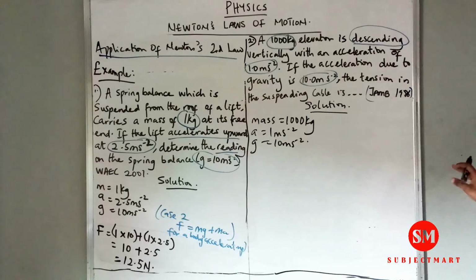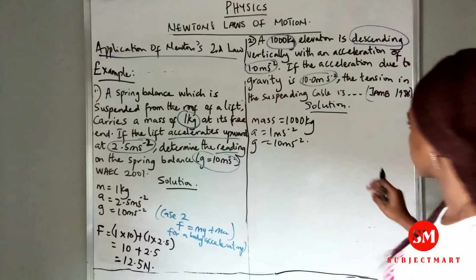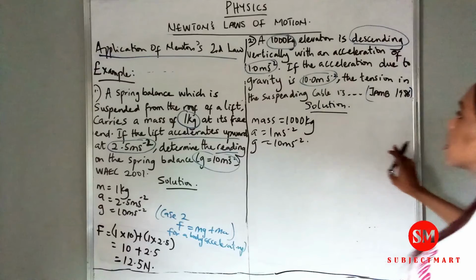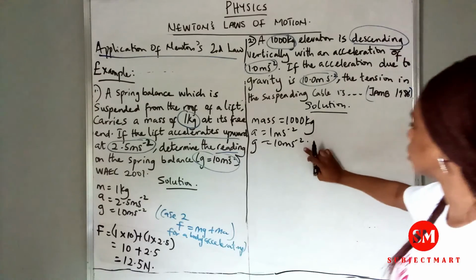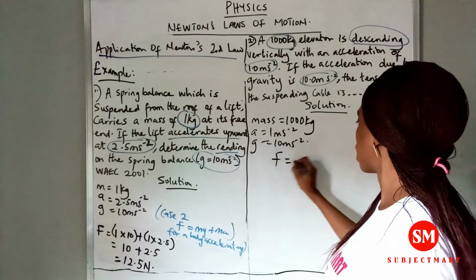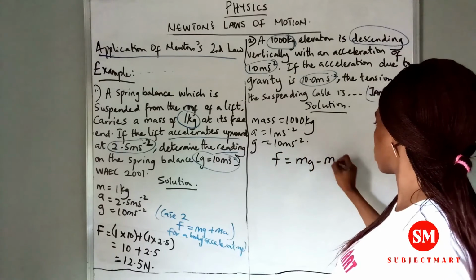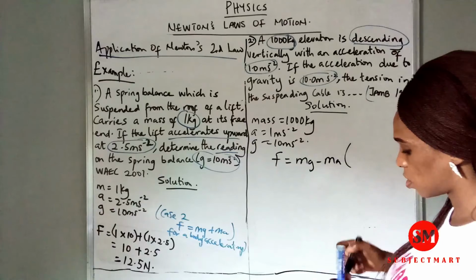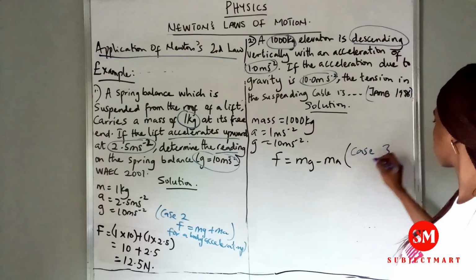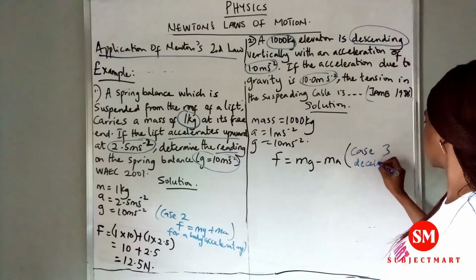So in this case, we are going to use case 3. Case 3 says that when it is descending and g is greater than a, we have mg minus ma. This is case 3.